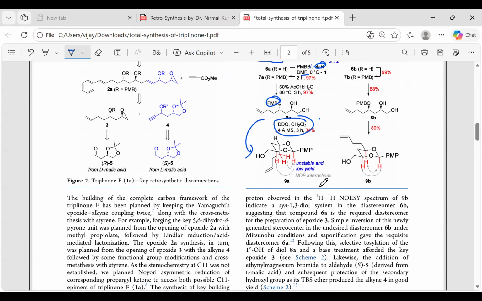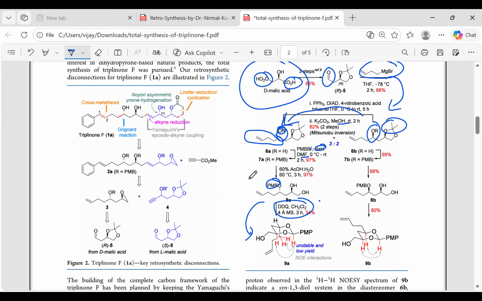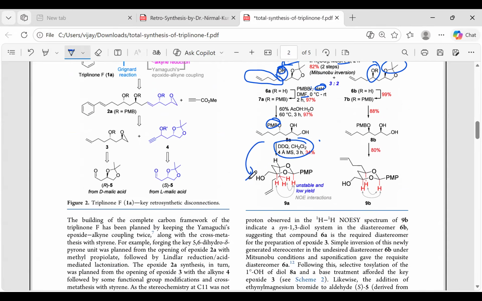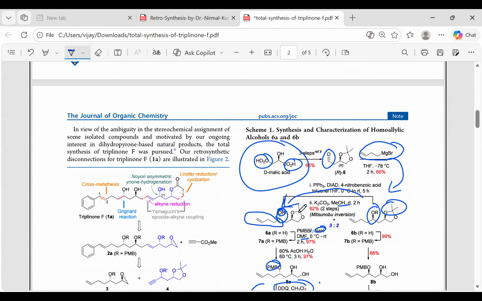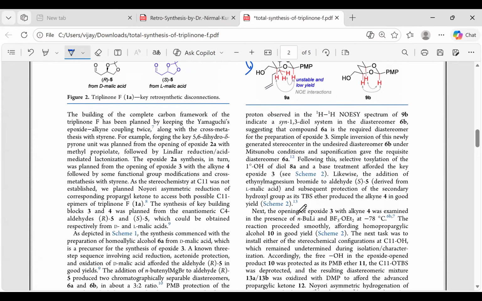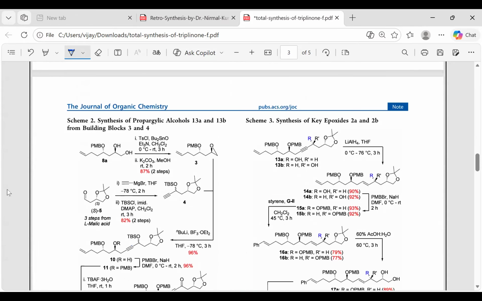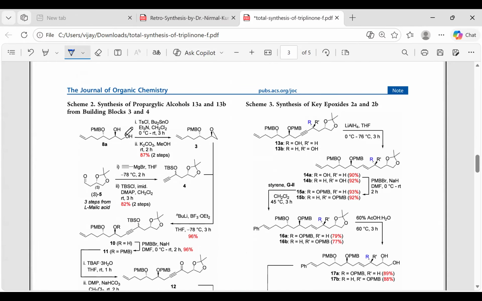But this is how we need to do the retrosynthesis and the synthesis of the molecule. Initially, if you look here, they have tried to divide this molecule into simple fragments, and later they tried to do the synthesis. They did this intermediate synthesis followed by several other steps.